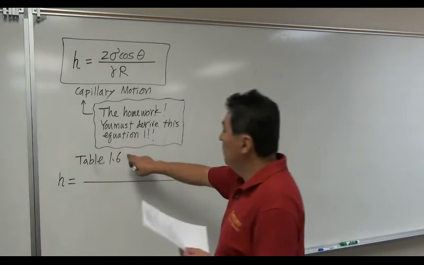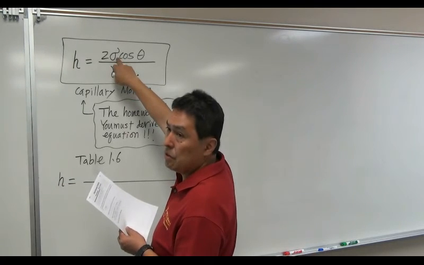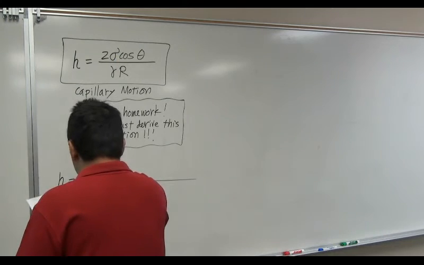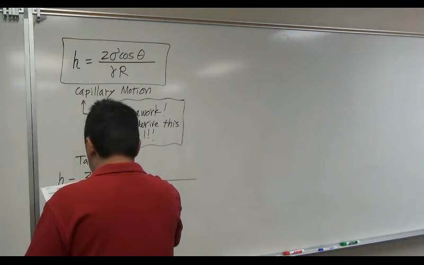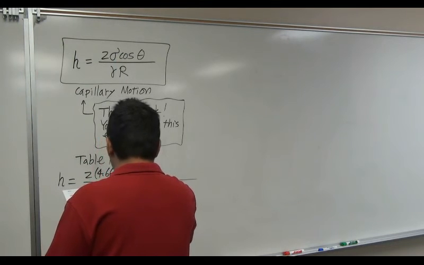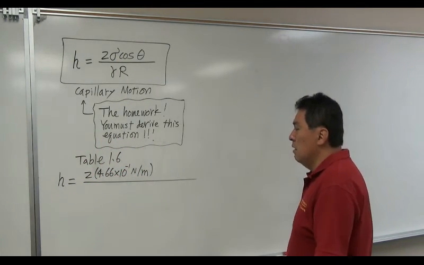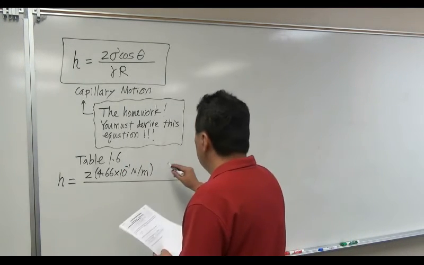By looking at table 1.6, sigma, the surface tension, the force per unit length of mercury, is 4.66 times 10 to the minus 1 Newton per meter. So this is the surface tension, force per unit contact length for the mercury.